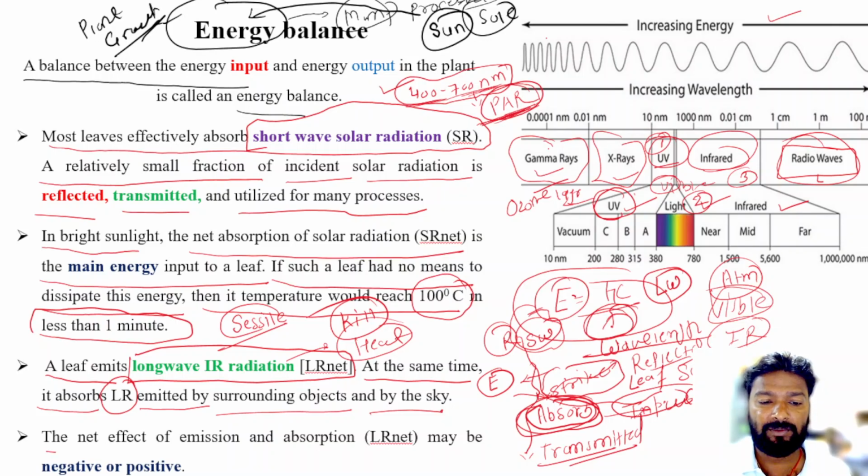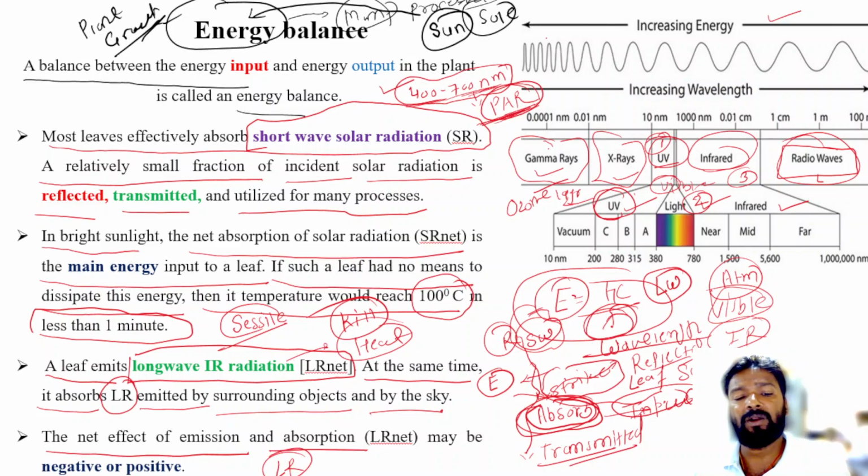So the net long wave radiation emission and absorption may be negative or positive, because if plants are absorbing more long wave radiation, then there will be a positive addition of long wave radiation.